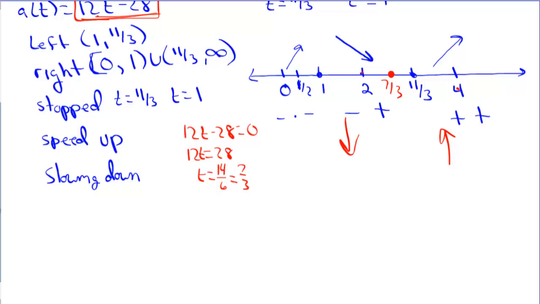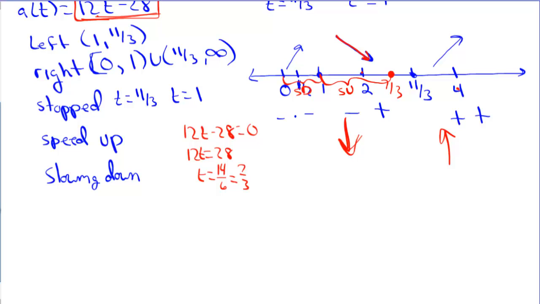So this function from 0 to 1 has a positive velocity and a negative acceleration. So from 0 to 1, this one is slowing down. From 1 to 7 thirds, we have a negative velocity and a negative acceleration. So from 1 to 7 thirds, this one is speeding up.